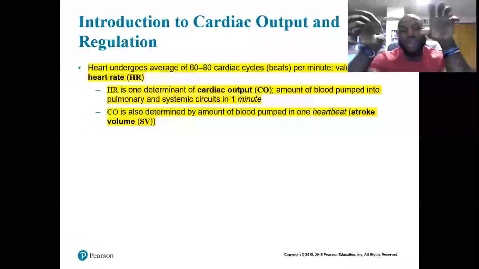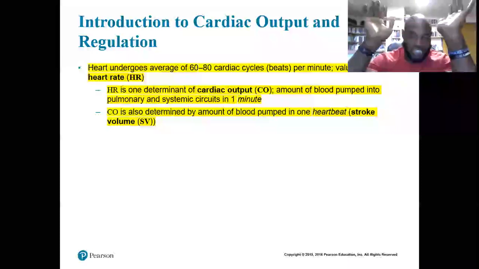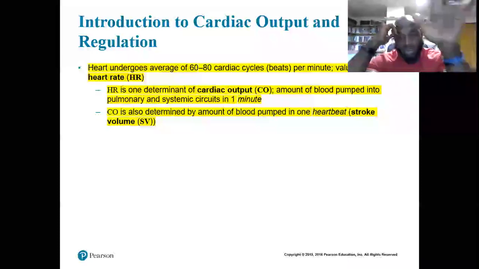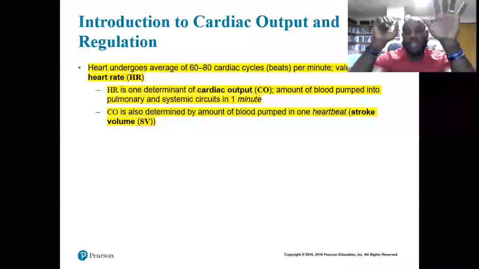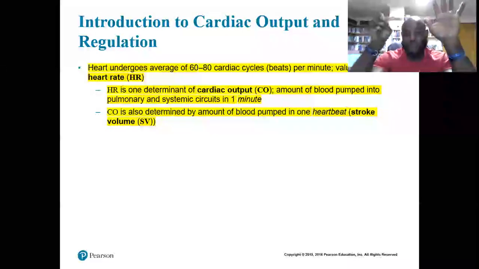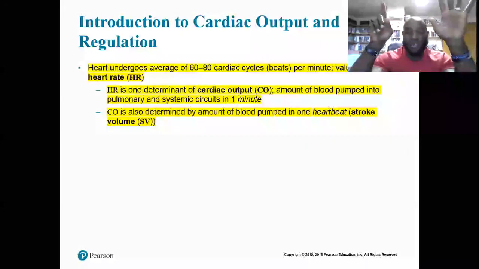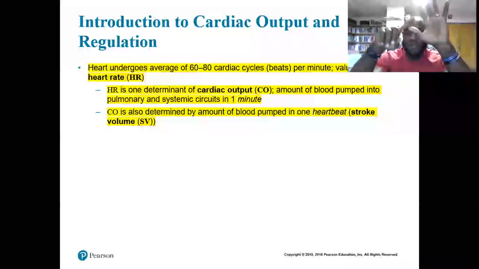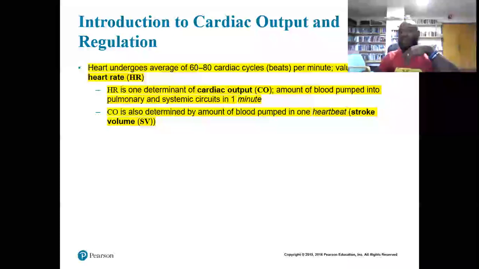So if we know the amount of blood per pump, just for an example, if we had 5 heartbeats a minute, and let's say 1 cup of blood per beat, then if you wanted to find out what your cardiac output was, it'd be 5 times 1, which would be 5 cups of blood per minute.